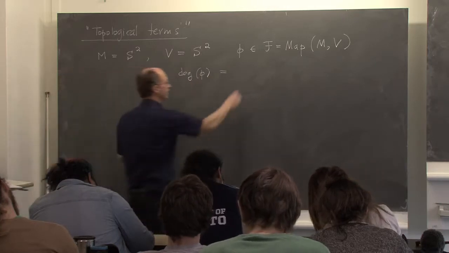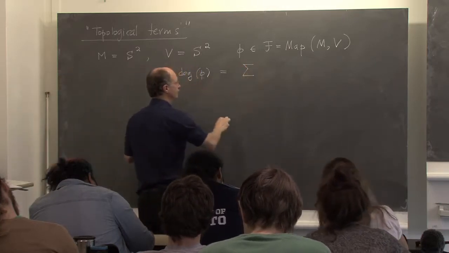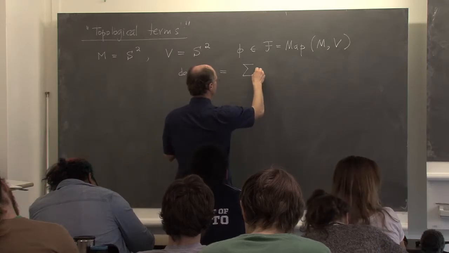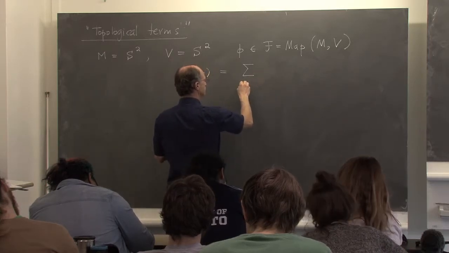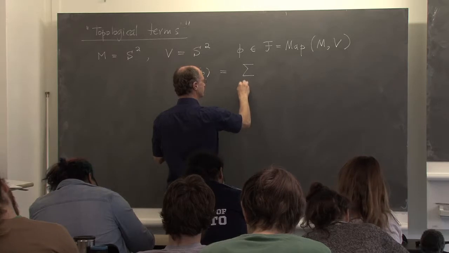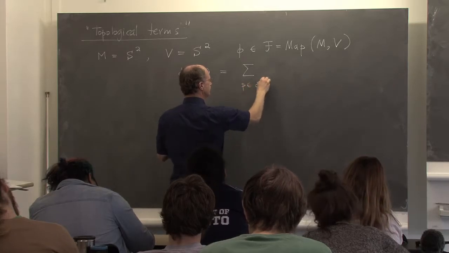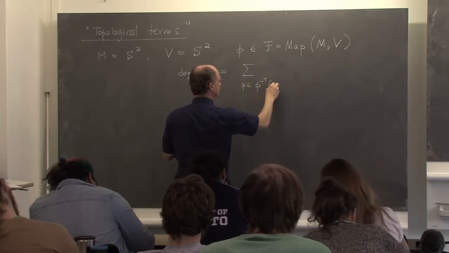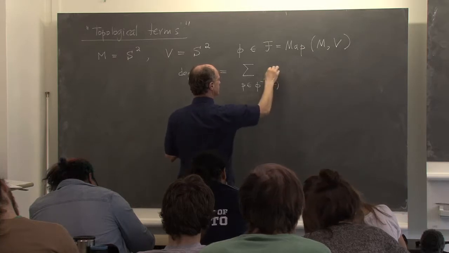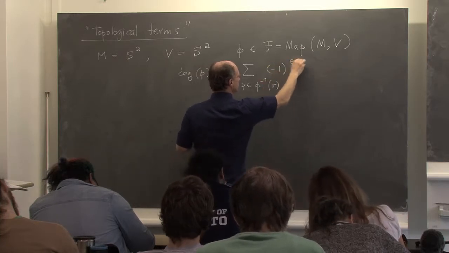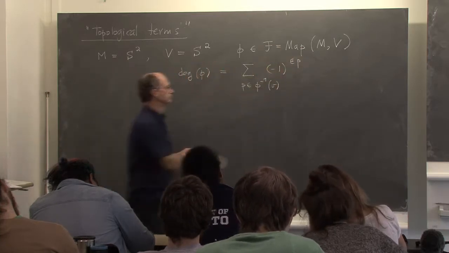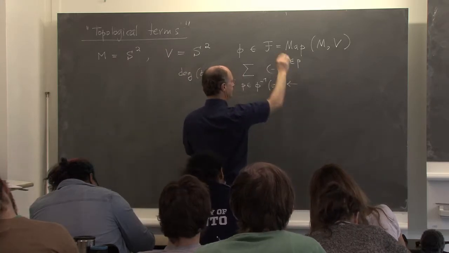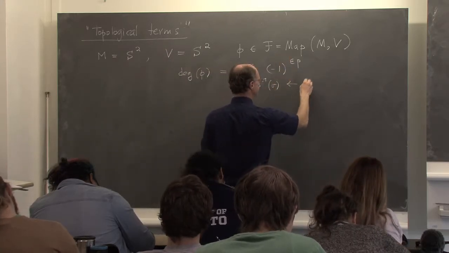So again, you can write two formulas. Either this is a sum of pre-images in a typical fiber with a sign which corresponds to the orientation.